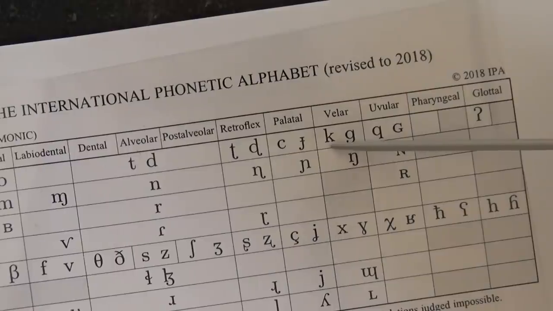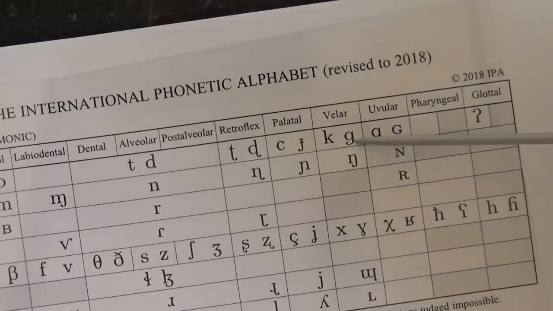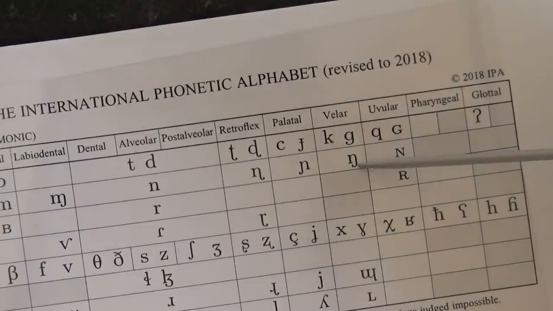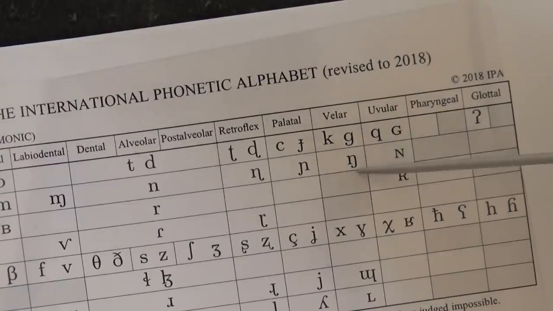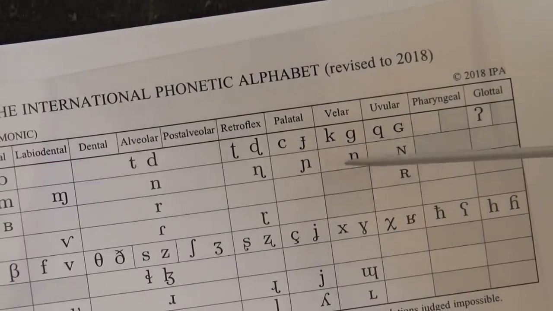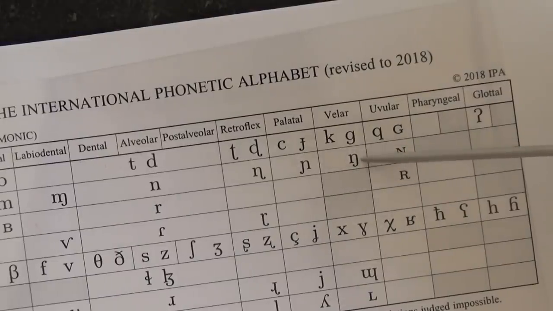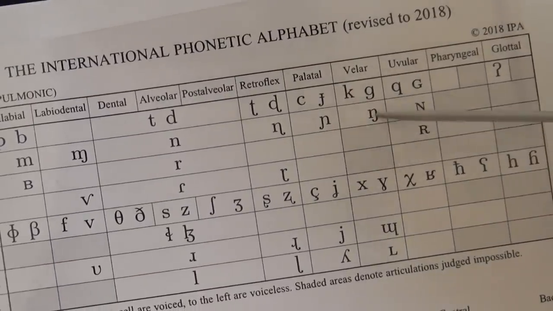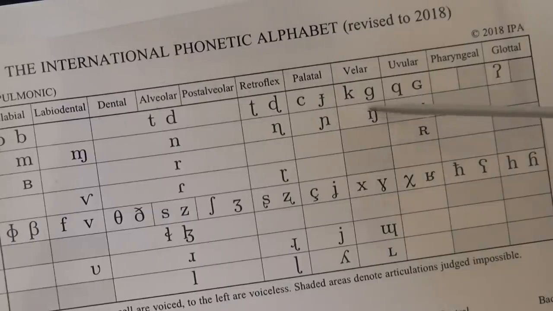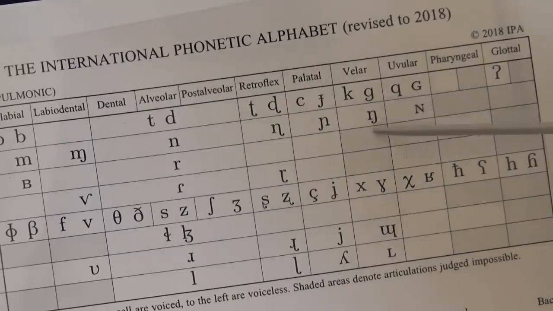It's k, and g, the voiced version, and ng. It's used a lot in Swedish. It's spelled N and G, so it's a letter combination for this sound. A lot of languages use this way to represent this sound, I guess.